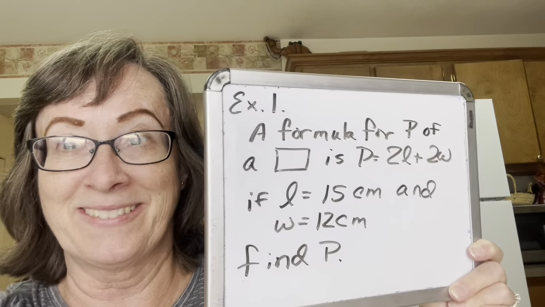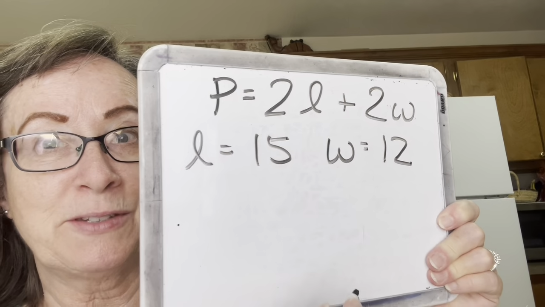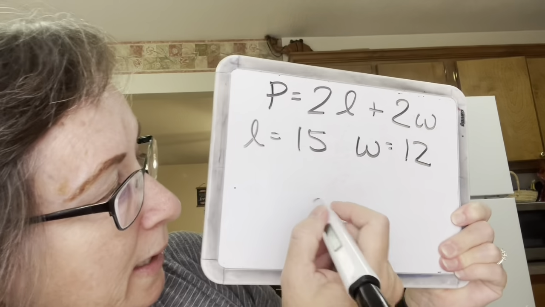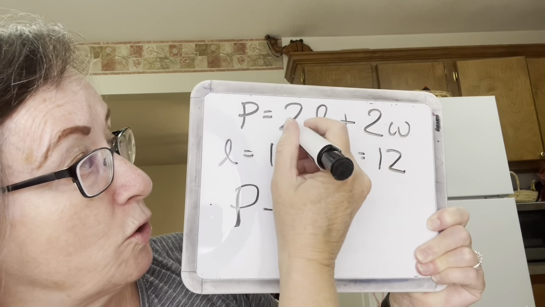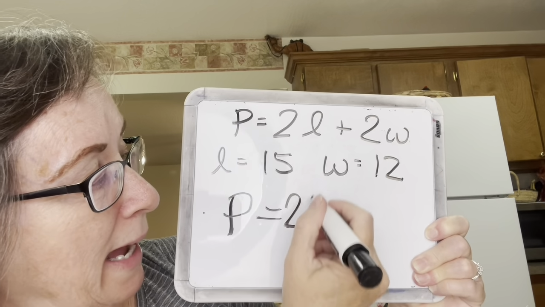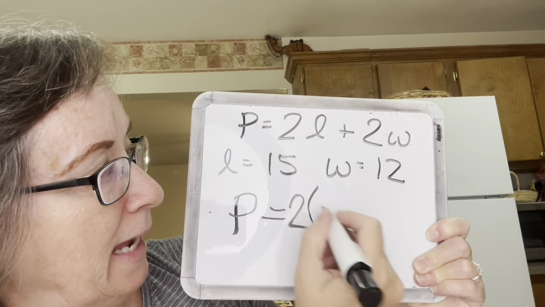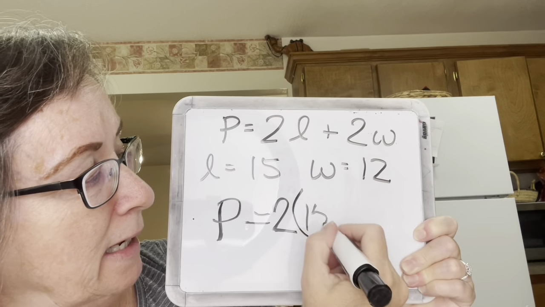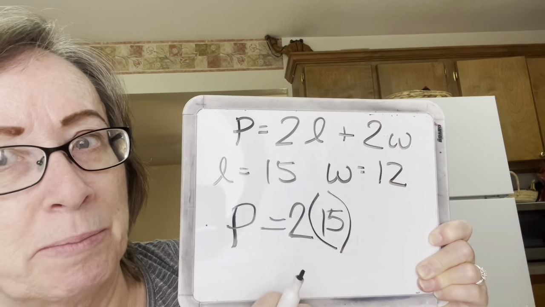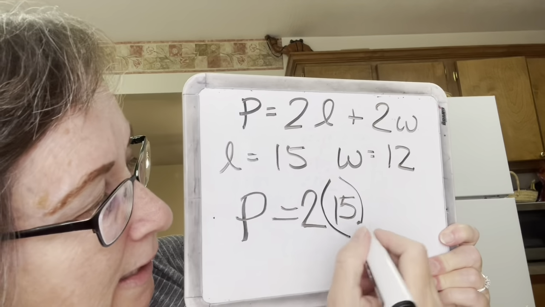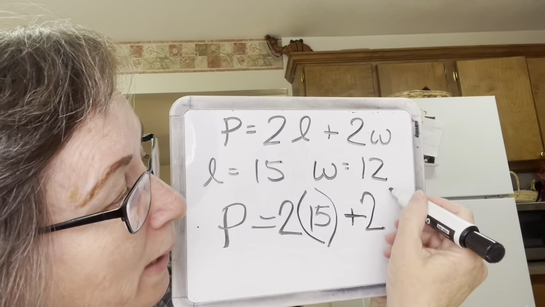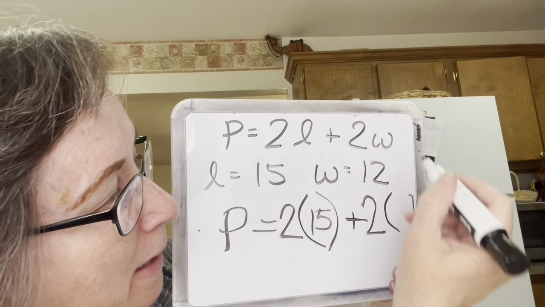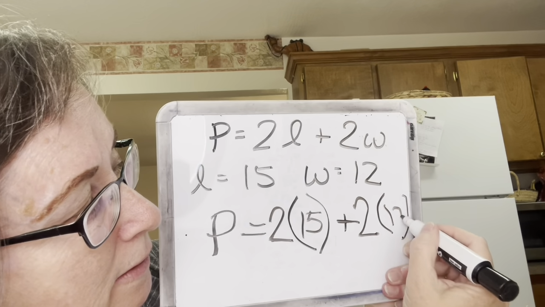So here we go. Okay, so I got myself some room to work here now. So we're going to have P equals twice length. So twice, I'm going to take out the L and I'm going to put in the 15 because L in this problem stands for 15. Then plus twice the width. And I'm going to take out the W and I'm going to put in the 12.